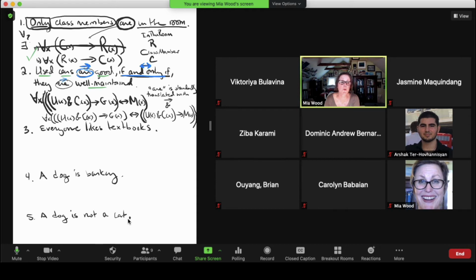So from the standpoint of just reading the sentence as the symbolic logic notation dictates, we can get this. For every x, if x is used and a car, then it's well maintained if and only if x is used and a car. Sorry, I said good.